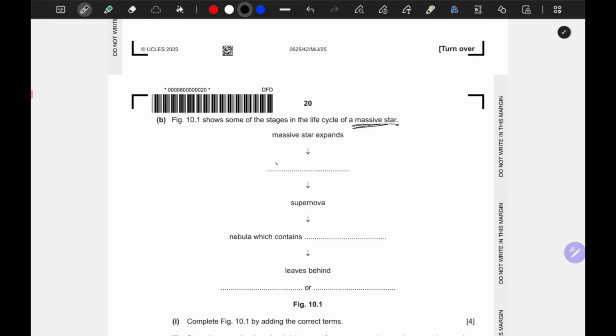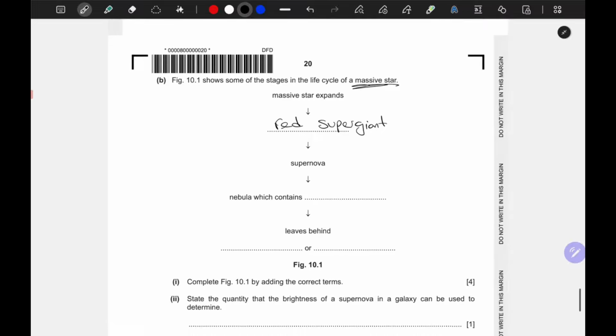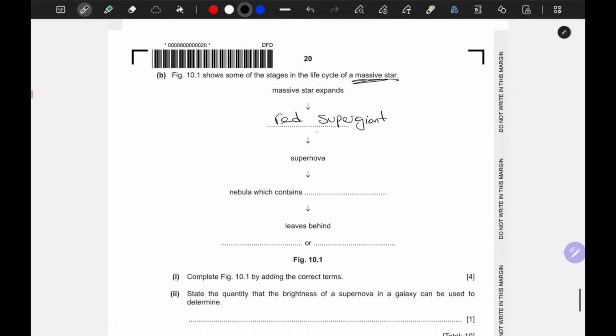After that, it's going to be a red supergiant. After that, it becomes a supernova and nebula. So a nebula is like this cloud of gas, and this cloud of gas contains hydrogen.